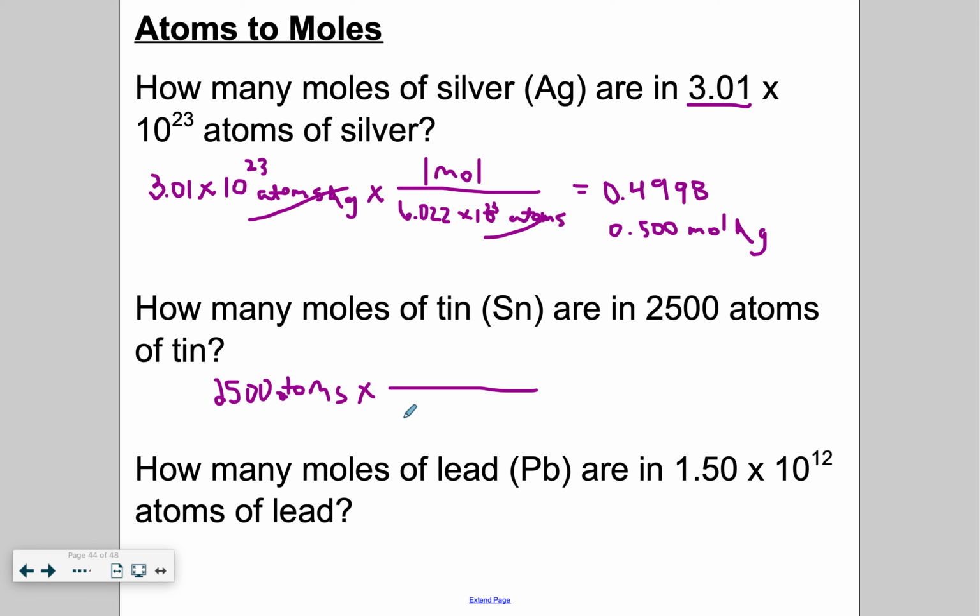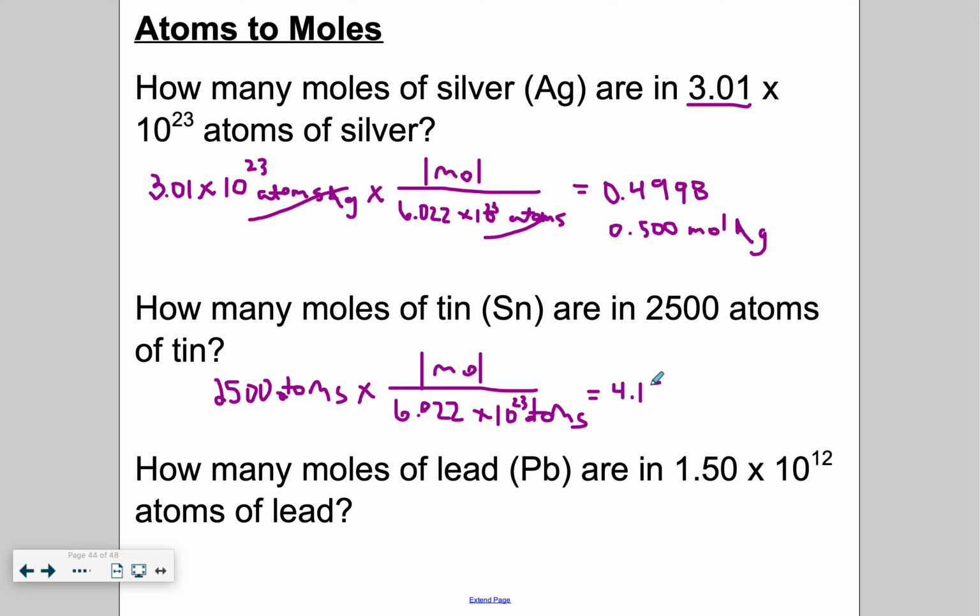Because I'm in atoms, that means Avogadro's is going to go on the bottom. 6.022 times 10 to the 23rd atoms, that is equivalent to 1 mole. So I'm going to type in 2,500 divided by Avogadro's, parenthesis 6.022 times 10 to the 23rd, end of parenthesis. Okay, here's a really small number.